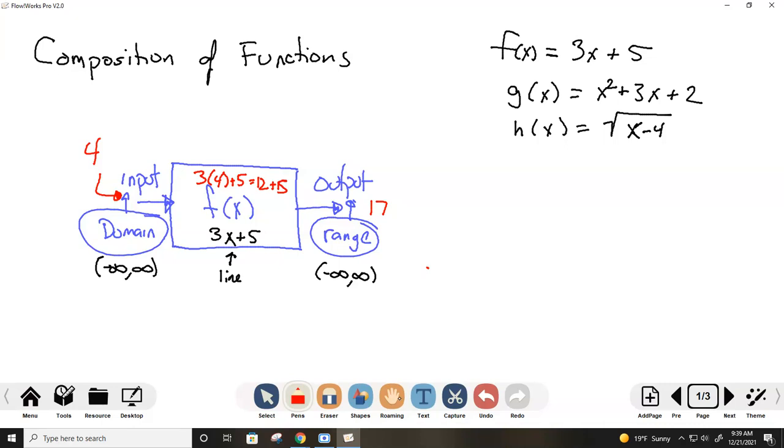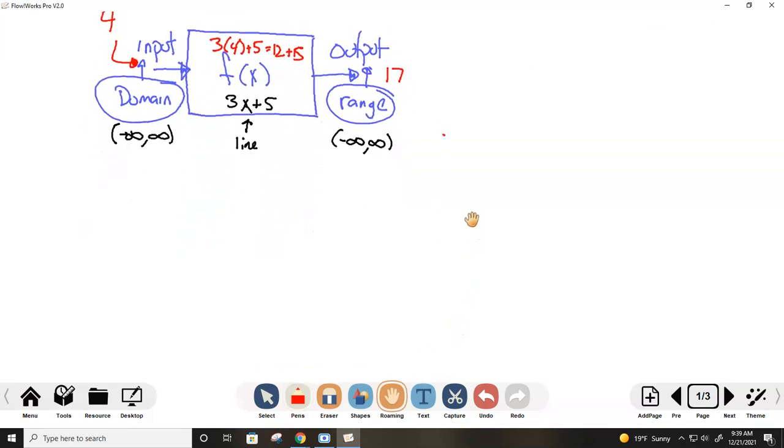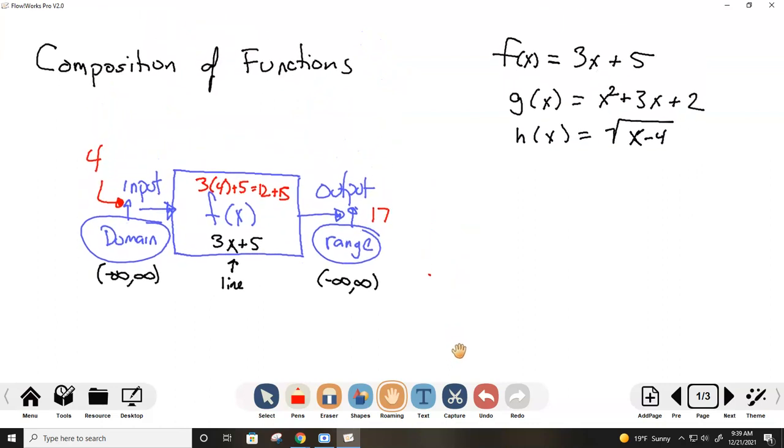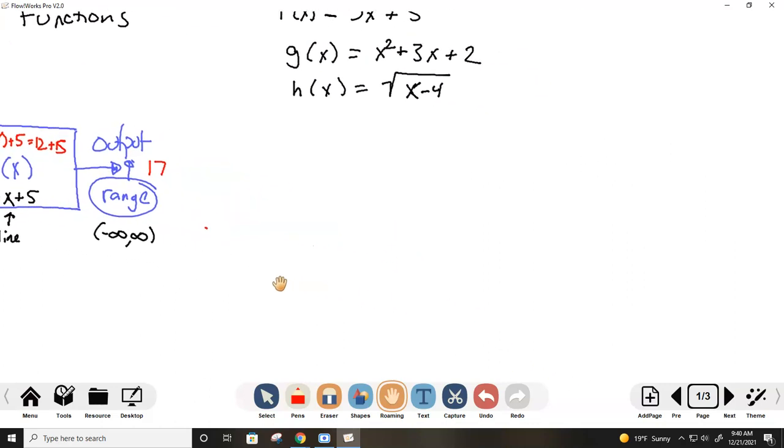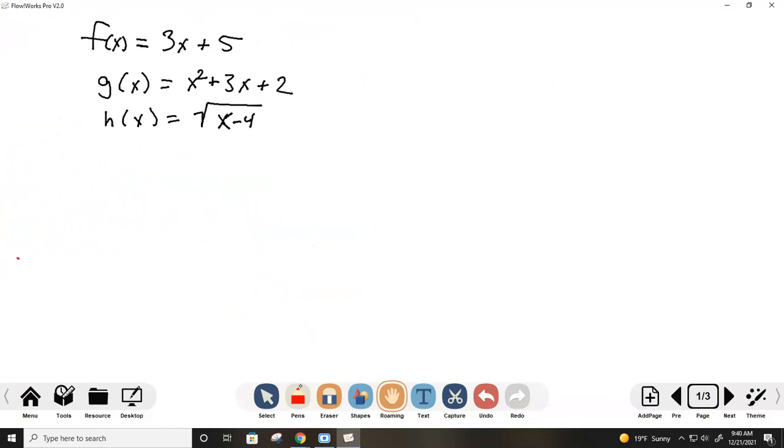Now, when I go to function operations, normally we start thinking about our main operations, which are add, subtract, multiply, and divide.